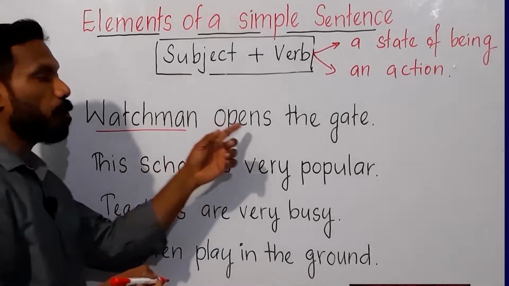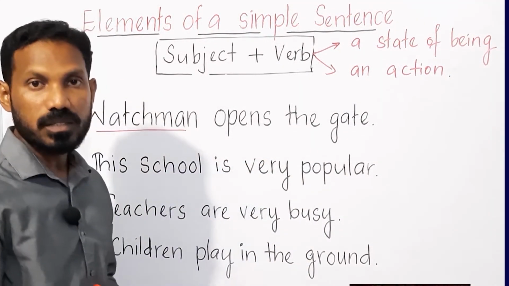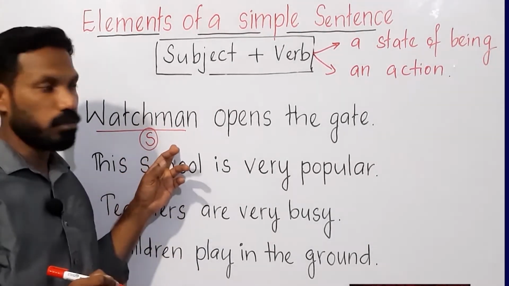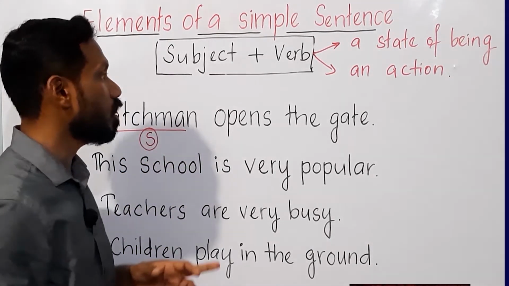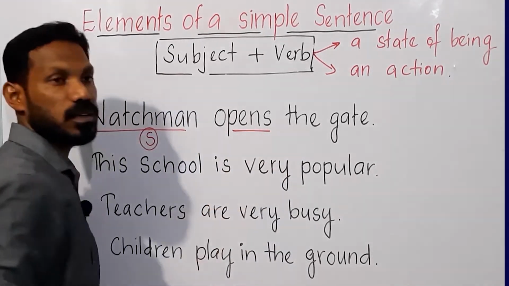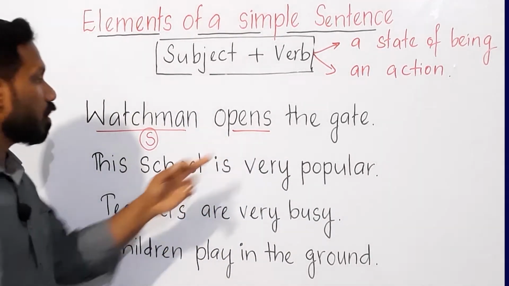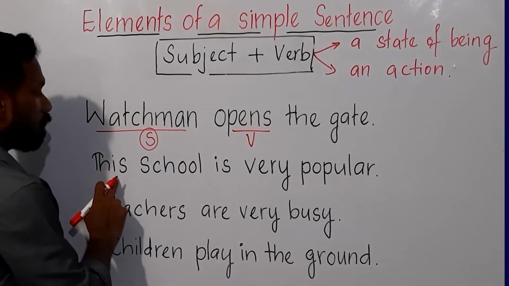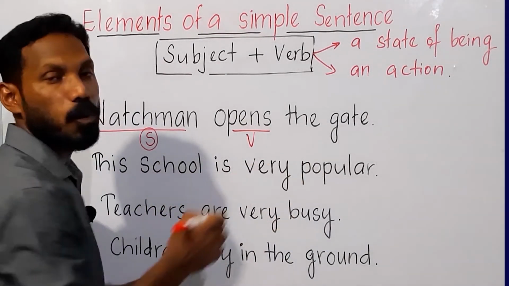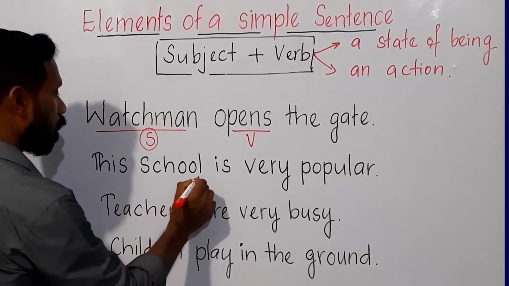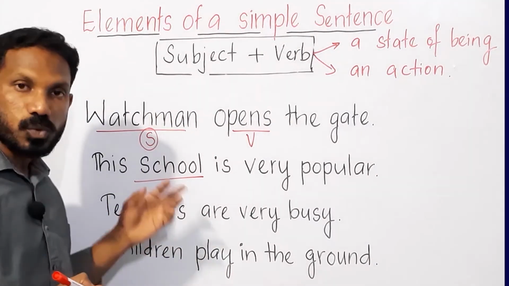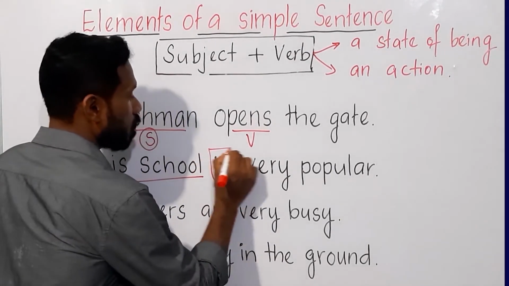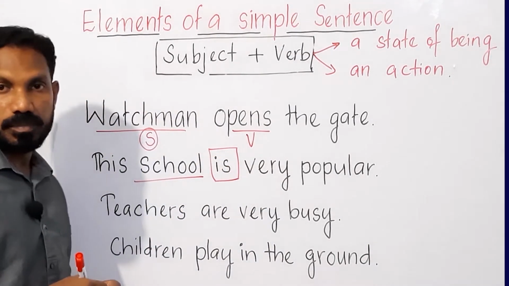Watchman opens the gate. Here we talk about the watchman. So, watchman is the subject, and see, opens, this is the action and this is the verb. Next sentence, this school is very popular. Here we talk about the school. So, school is the subject, and here is the verb.